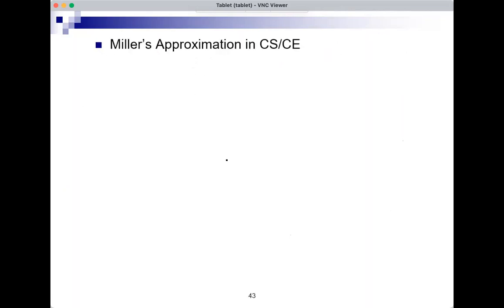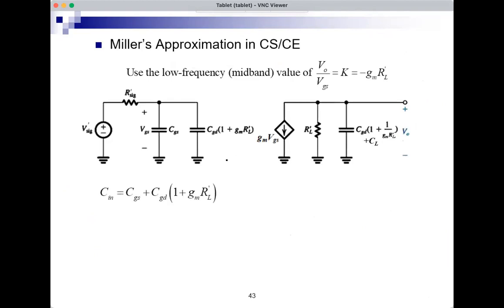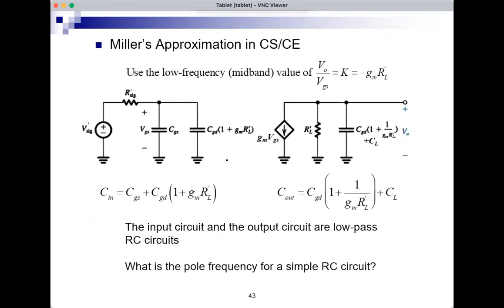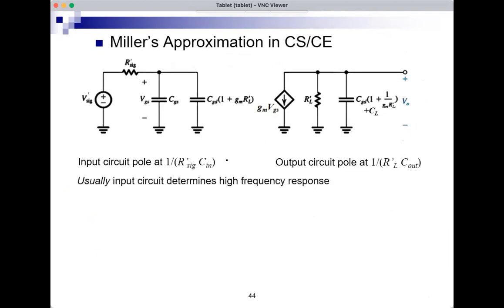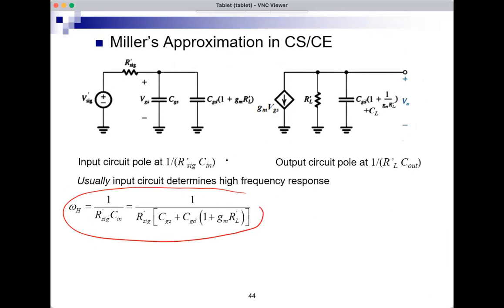Miller's approximation for CSCE. Okay, here it is. Next slide. Omega H is this, 1 over R prime sig. So this is Miller, assuming that just the input circuit determines omega H. This is what we need.